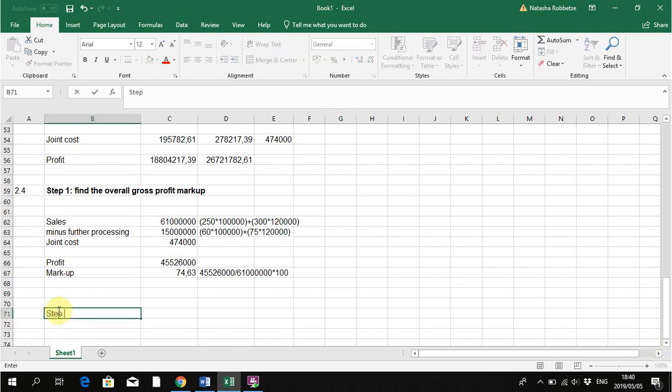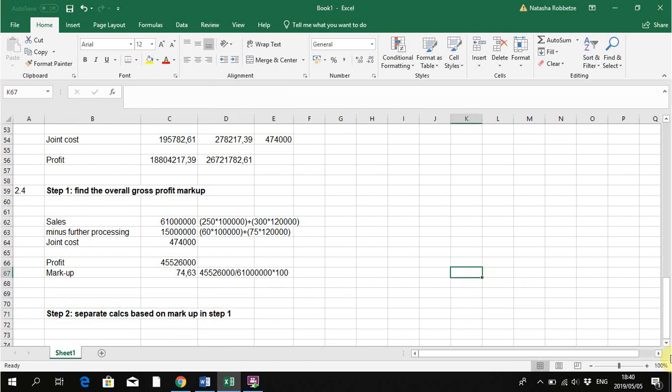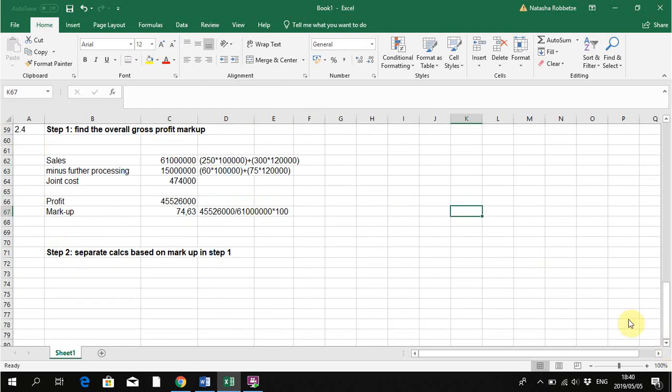So for step 2, we do separate calculations based on the markup in step 1. Right, so we're going to start again with the sales.